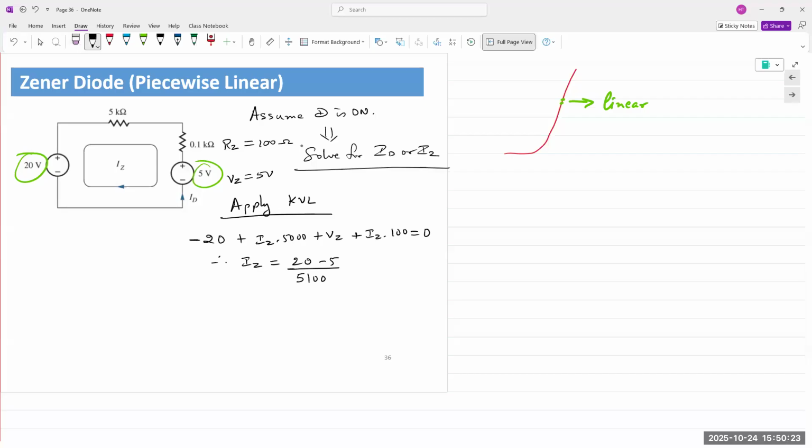Forgot about the Zener resistance, equal to 0. And this is 15 divided by 5,100. So it's 2.94 milliamps.